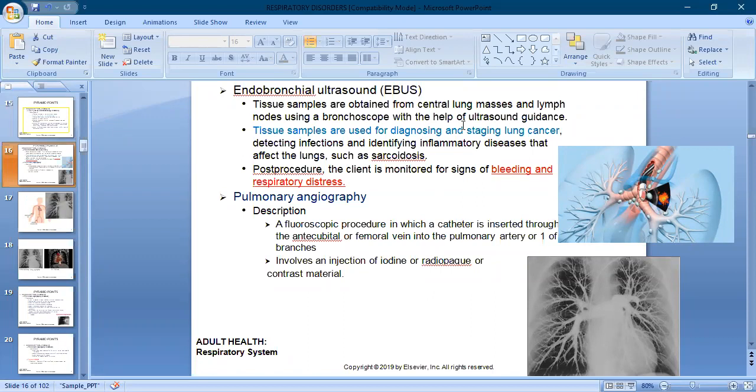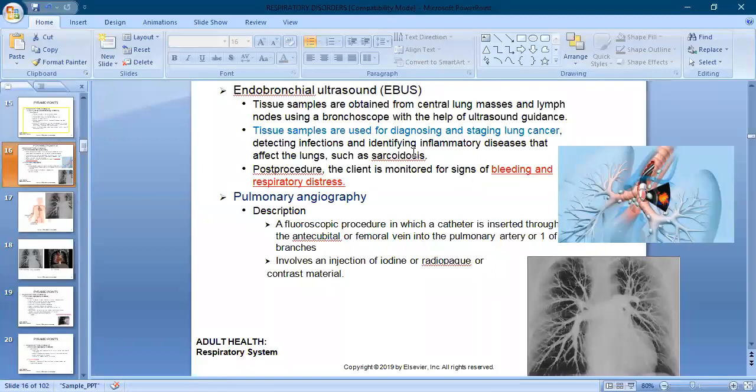In this procedure, we not only take the picture, sometimes we collect the tissues. Tissue samples are collected for diagnosing or staging the lung cancer.